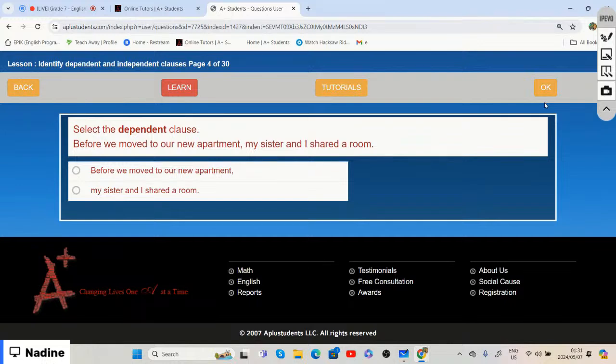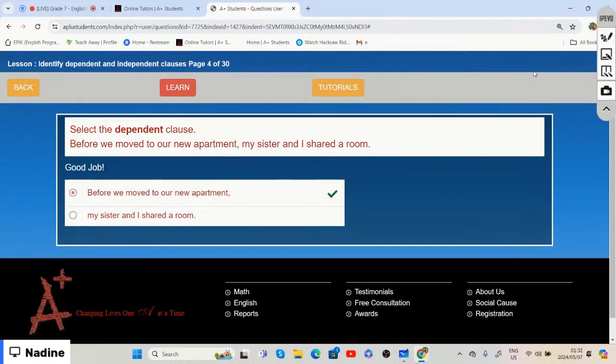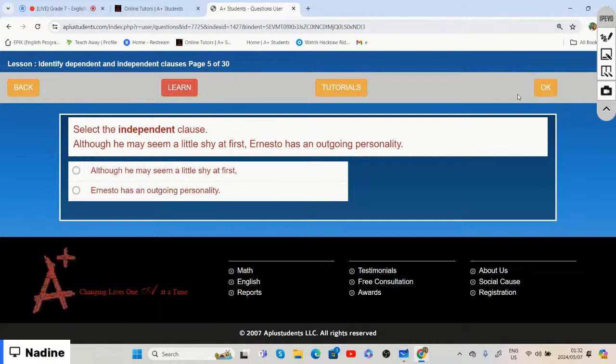What is our dependent clause? If we were to select our dependent clause, we would say before we moved to our new apartment. That is our dependent clause, sorry, dependent.